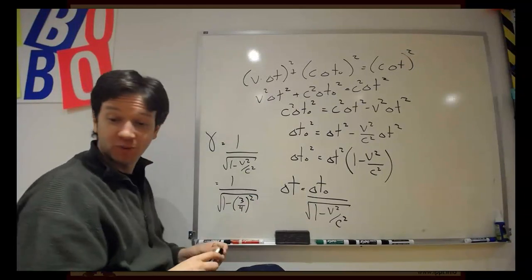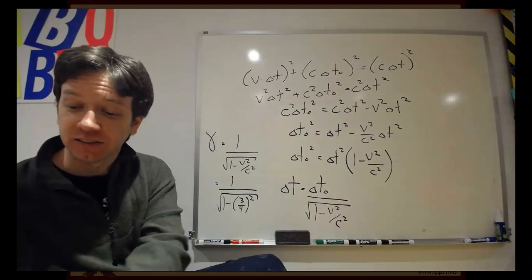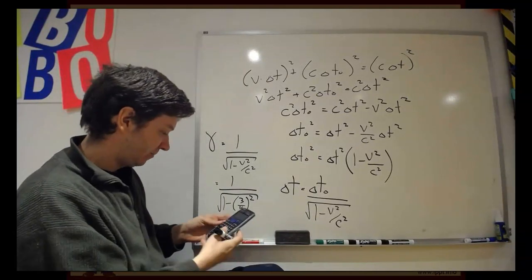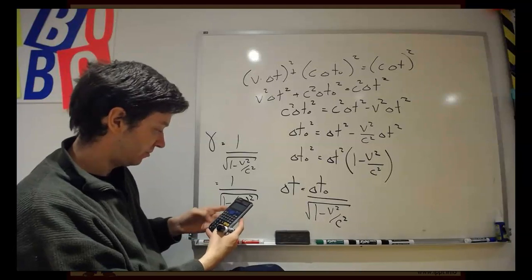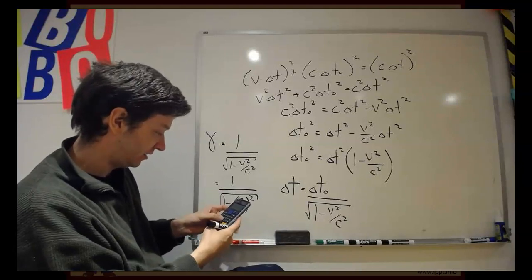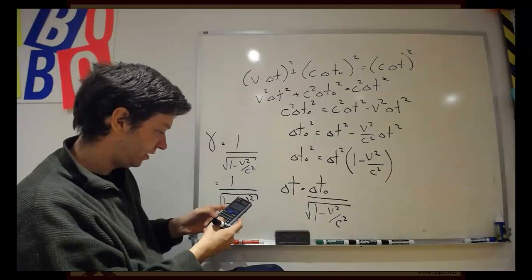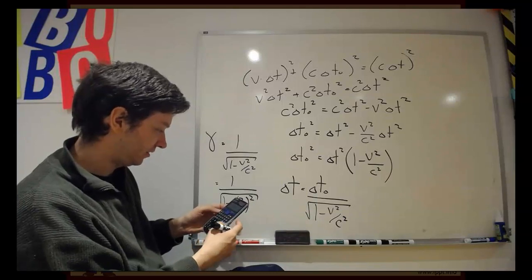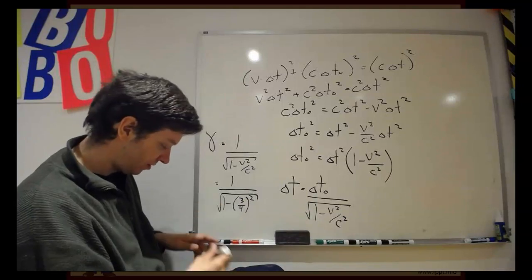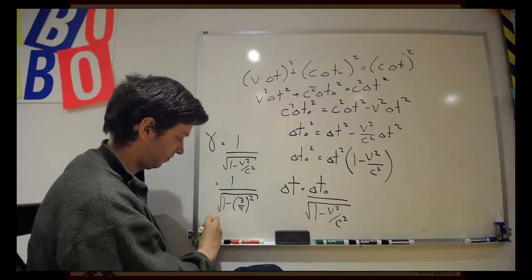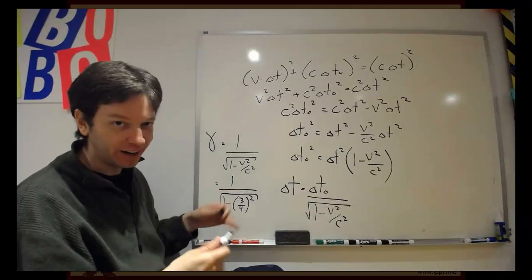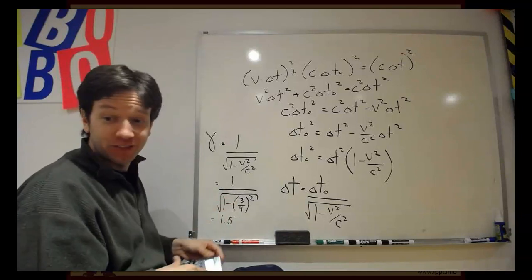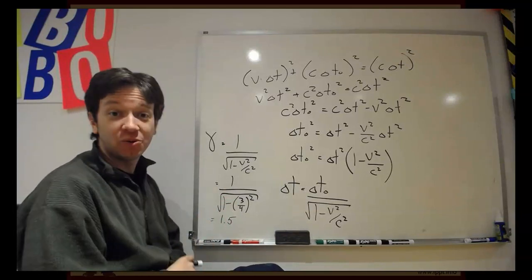Okay? If you want to test it on your calculator, let's do this now. 1 divided by the square root of 1 minus 3/4 squared is 1.5. Well, 1.51185 and so on. That is nowhere near 1.